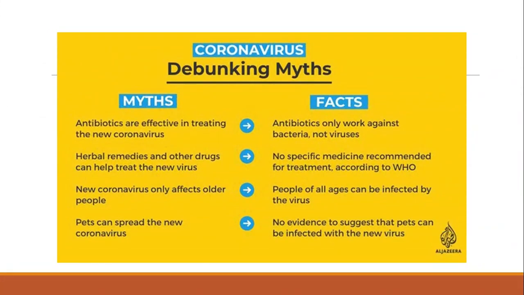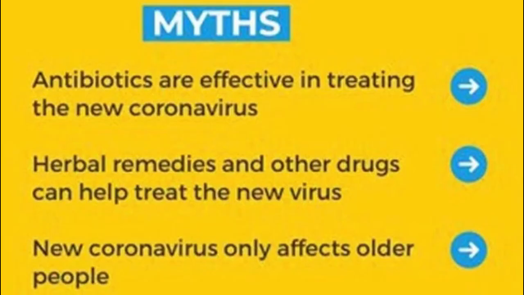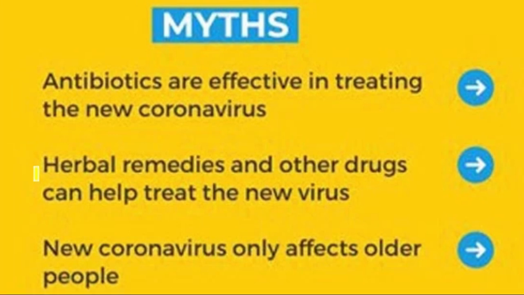Now you know that coronavirus, a pandemic, has spread globally and it is the biggest challenge humanity is facing right now. There are some myths or misconceptions that have spread regarding the treatment of coronavirus. For instance, some people in the beginning were thinking that herbal remedies and other drugs can help treat the new virus.